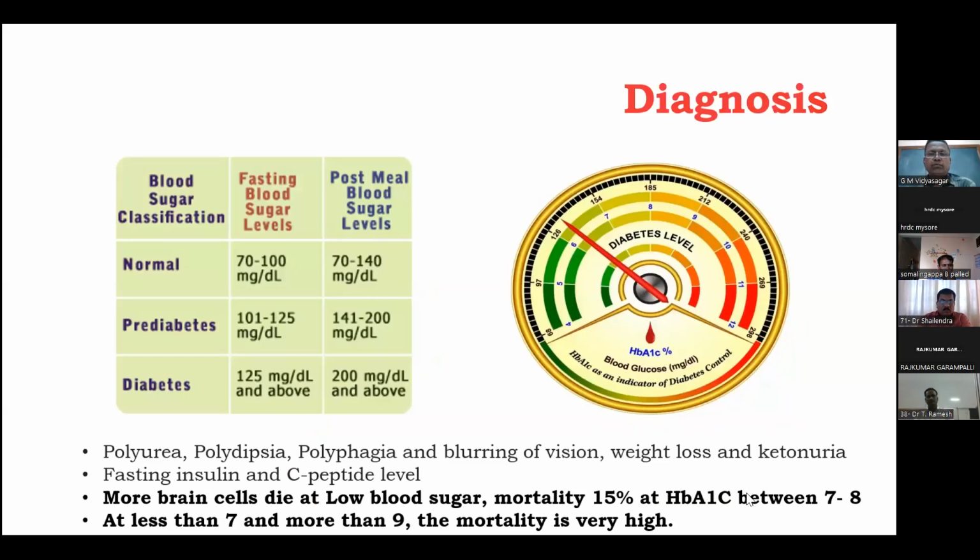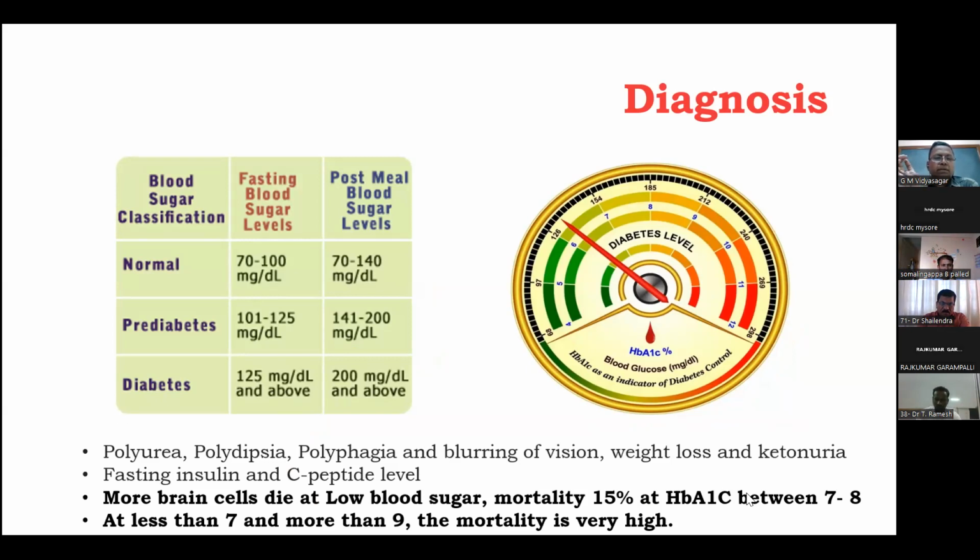Now the diagnosis, how the disease is diagnosed. As we all know, in the normal case 70 to 100 mg per deciliter is the normal fasting level, and after meals the limit is about 140 mg. Above 140 mg is considered pre-diabetic or sometimes diabetic.